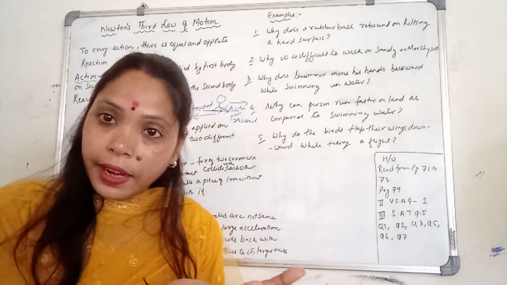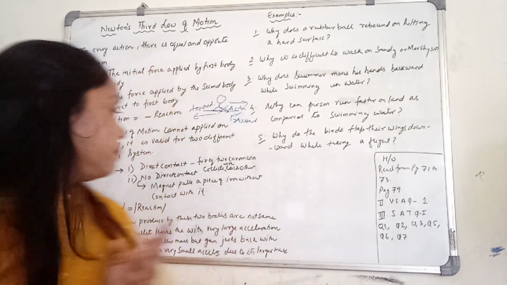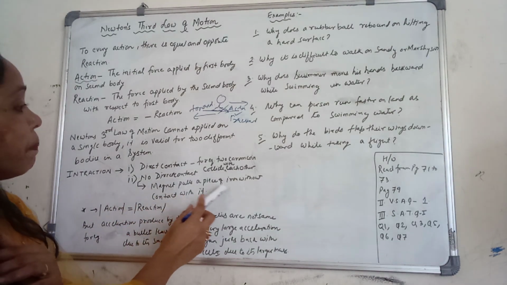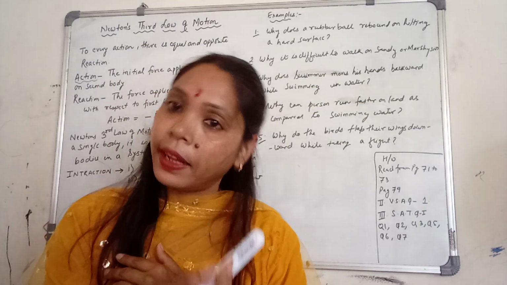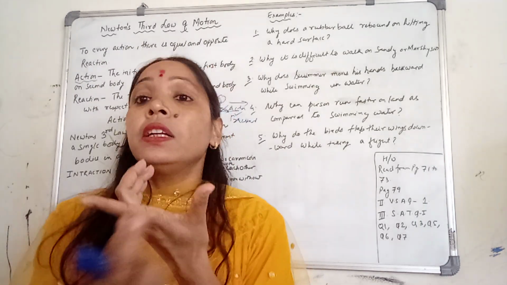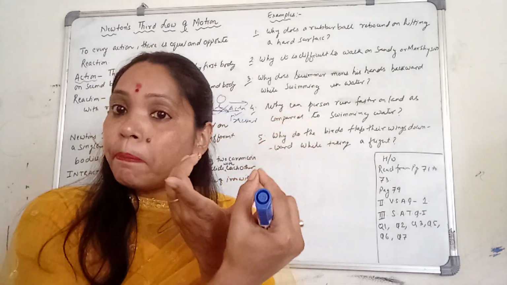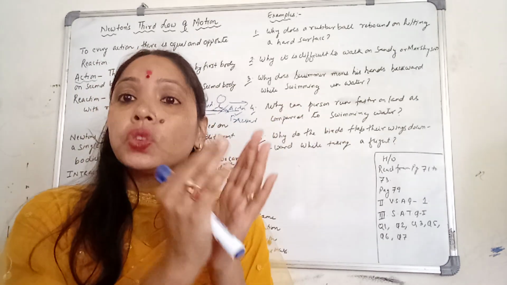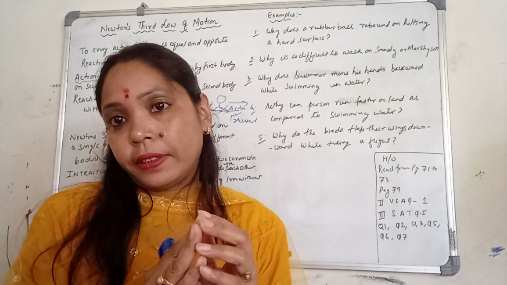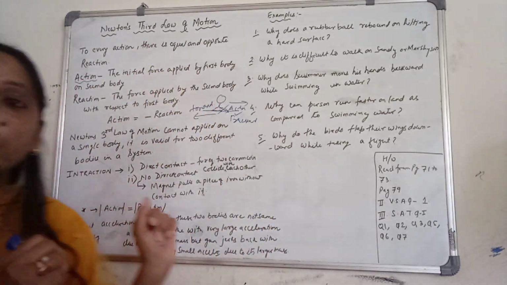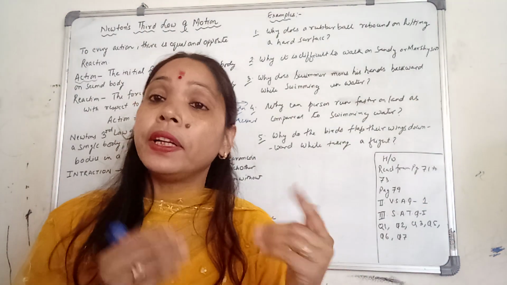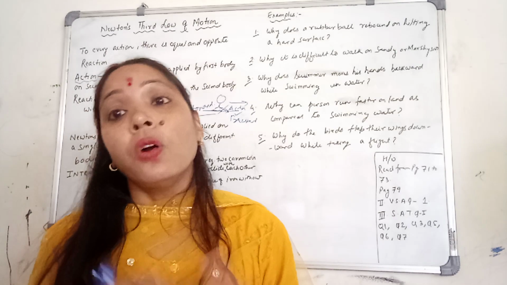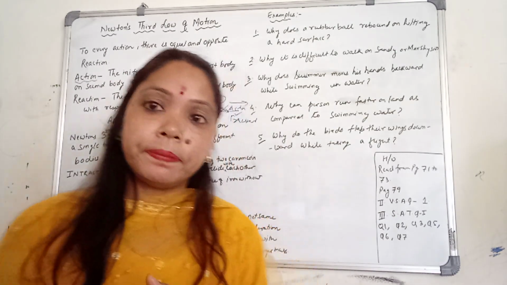Now indirect contact or without contact: a magnet pulls a piece of iron without contact. If you have a magnet, it always pulls magnetic substances like iron towards it, without contact. So these are the two examples of interaction. Interaction can be with direct contact or without direct contact.